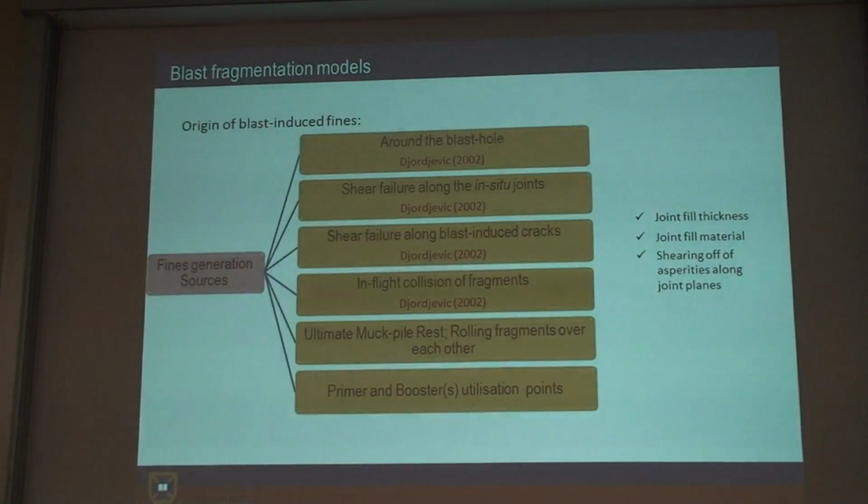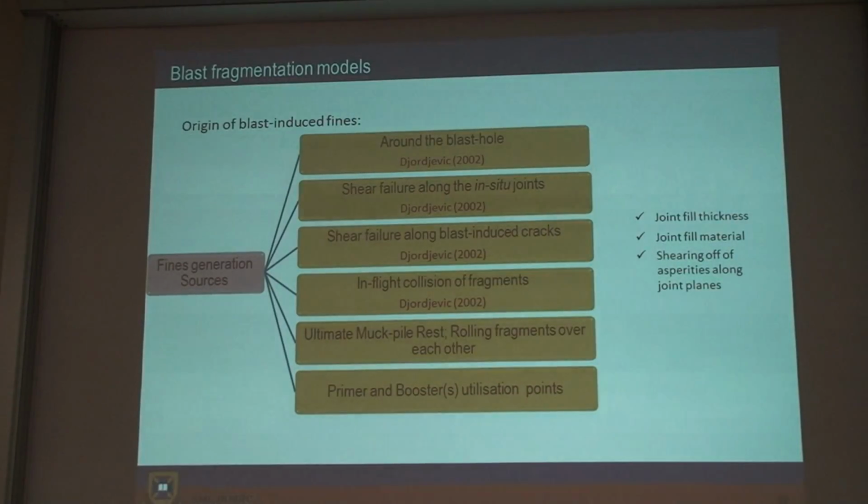However, Djordjevic in his paper mentioned some sources of fines: around the blast hole, shear failure along the in situ joints, shear failure along the blast-induced cracks, and in-flight collision of fragments. In terms of joints, the joint filling thickness, joint filling material, and shear rate along the joint planes are so important.